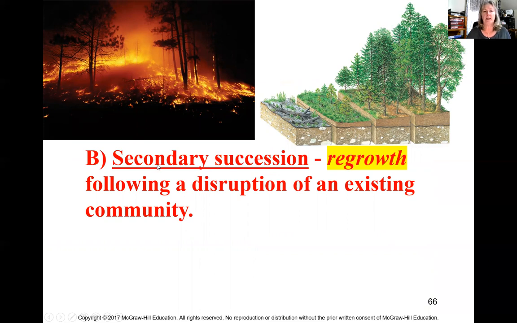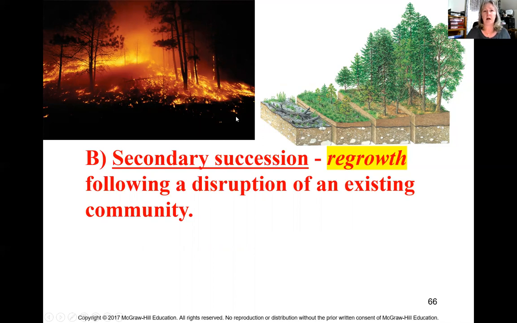Secondary succession means you're not really starting from ground zero, like rock. You do have soil that's present. A good example of this would be either flooding or forest fire, where it burns all the plants and even the animals may leave that area. You still have soil, and within the soil, you also have what's called a seed bank.